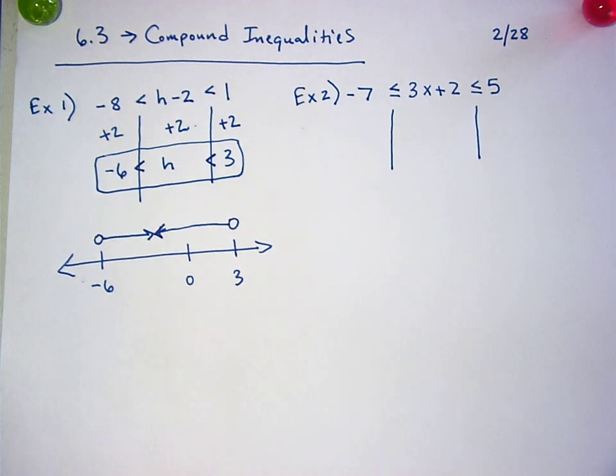Right now, I'm going to tell you the answer, and then you can talk to your partner and decide if you want to come up here. The answer is -3 is less than or equal to x is less than or equal to 1, which means a closed circle on -3 and 1, and the arrows point in. Raise your hand or talk to your partner if you want to come up.